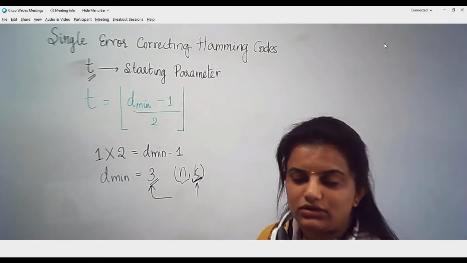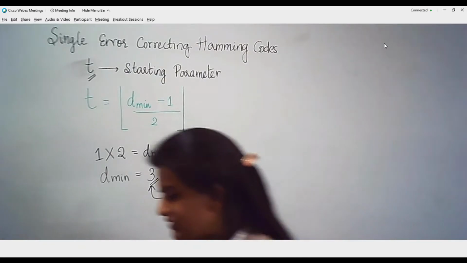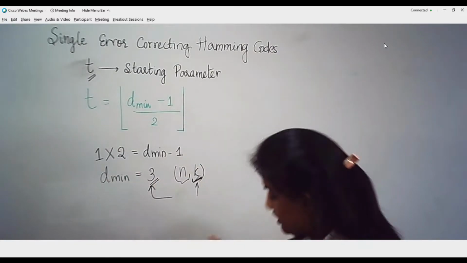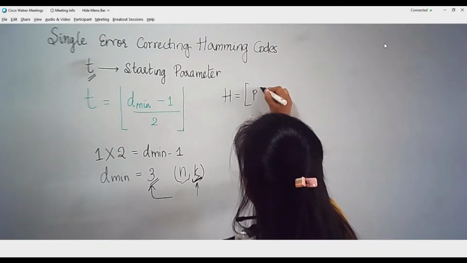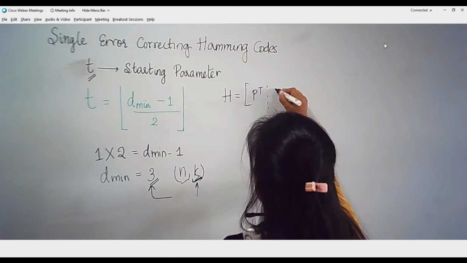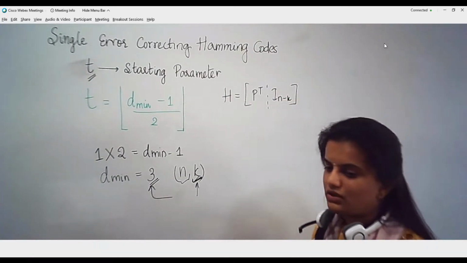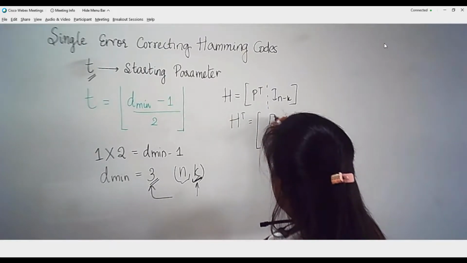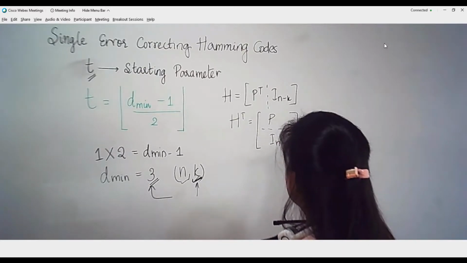For that particular decision, whenever we are considering the detection process, we make use of what is known as the parity check matrix, denoted as H, whose transpose is the parity matrix P at the top followed by I of (n minus k).